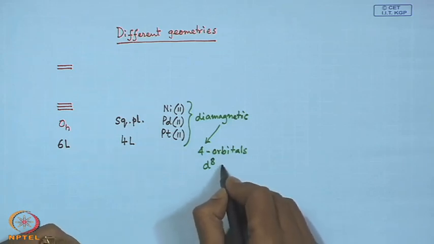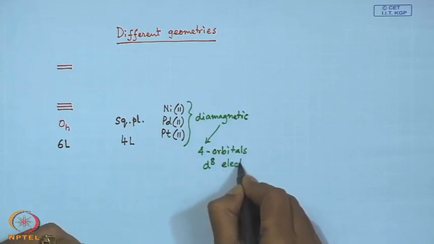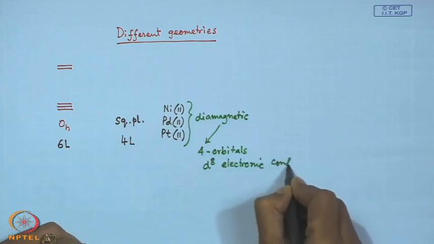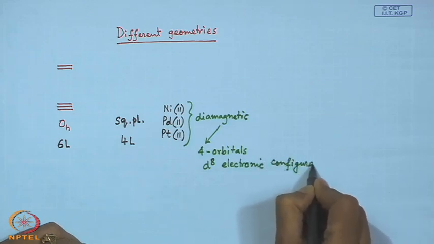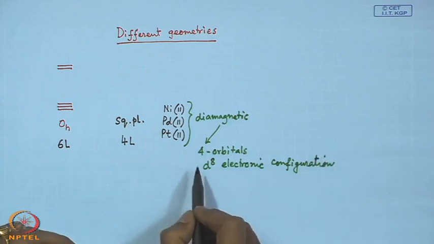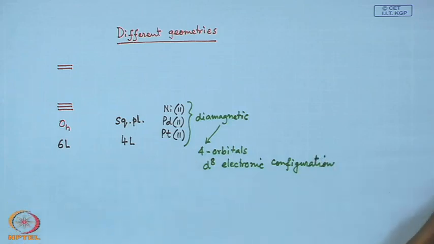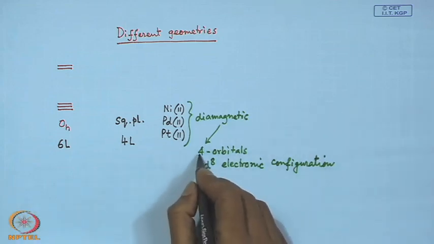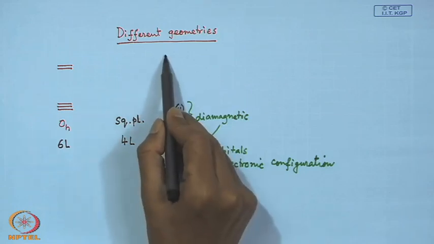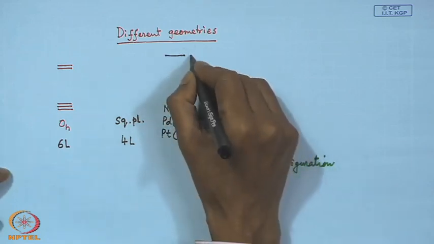So, we have the d8 electronic configuration, and these electrons can be accommodated within 4 orbitals. So, these 8 electrons will remain paired within the 4 orbitals, and one of the orbitals will be the corresponding vacant orbital.